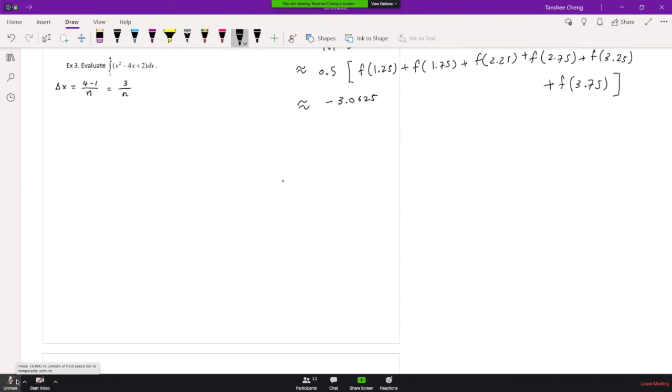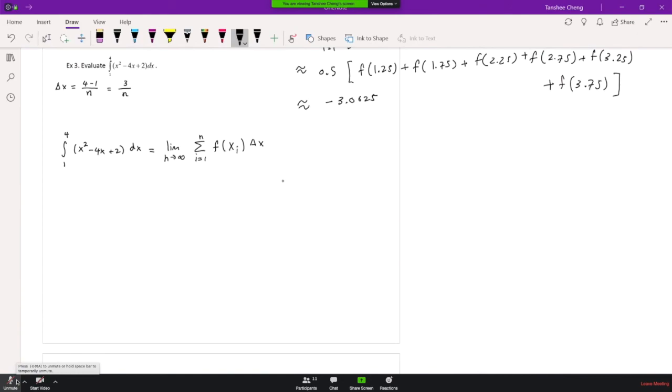Now, according to the formula, the integral from 1 to 4 of x squared minus 4x plus 2 dx is equal to the limit as n approaches infinity of the summation from i equals 1 to n of f of x i star times delta x.